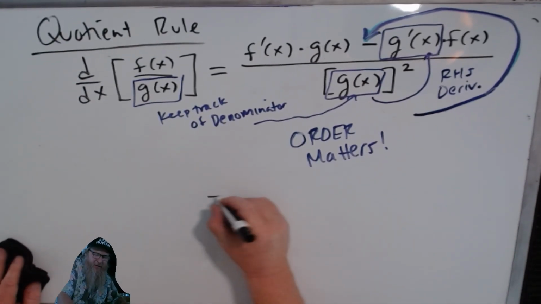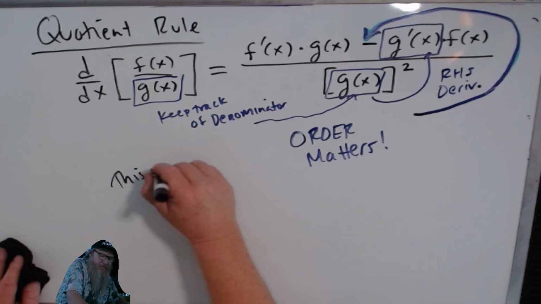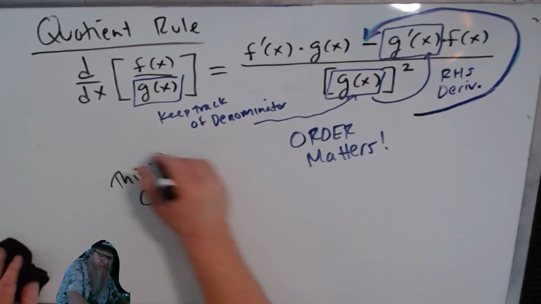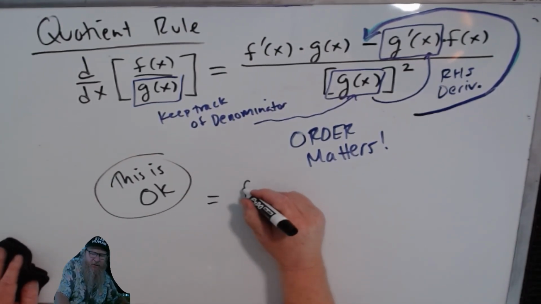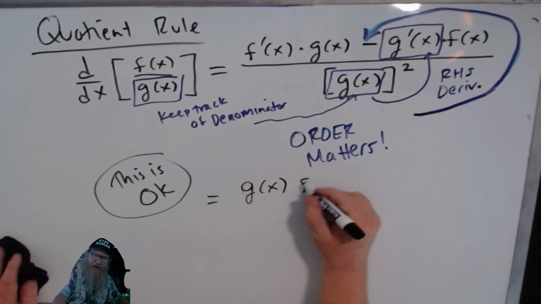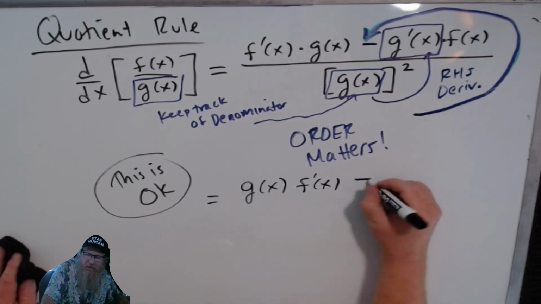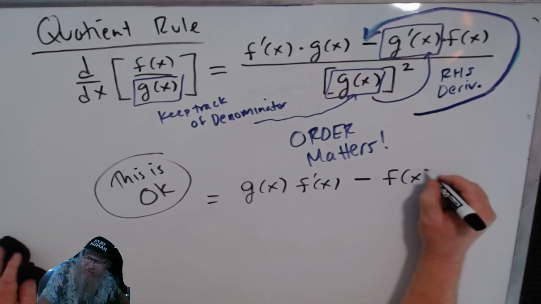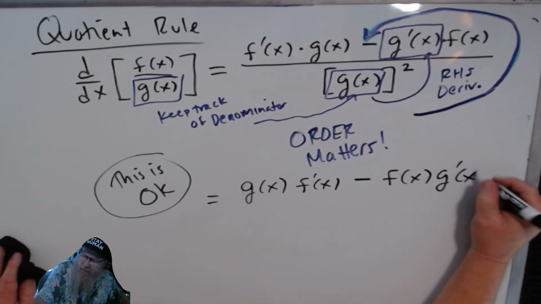You could do it this way: g f prime minus f g prime. That would be okay.